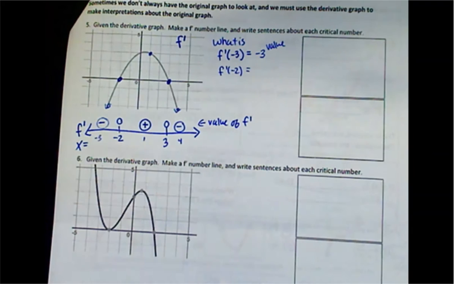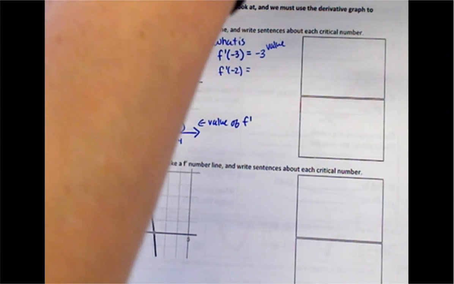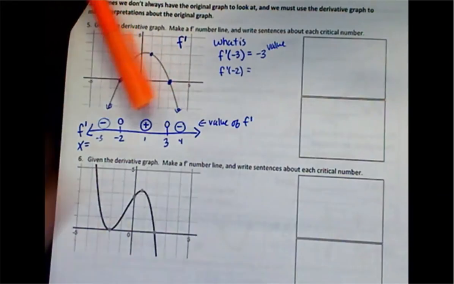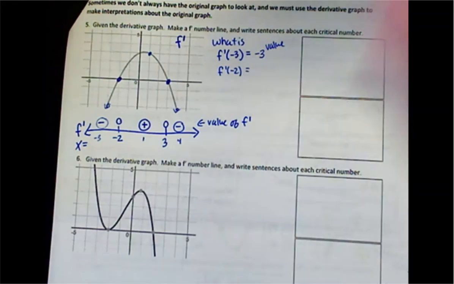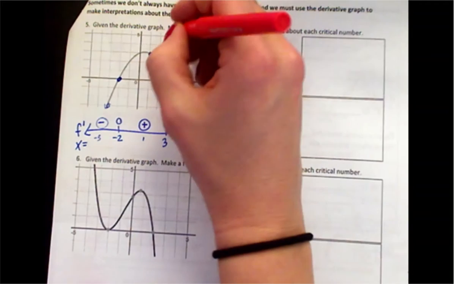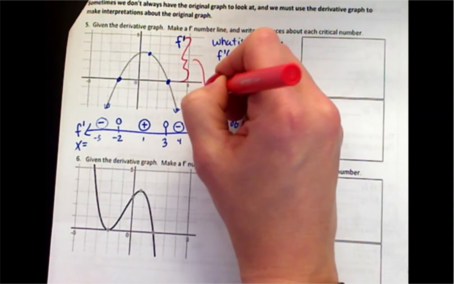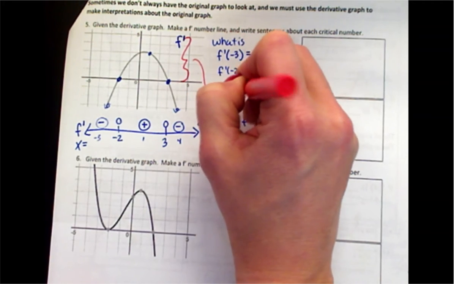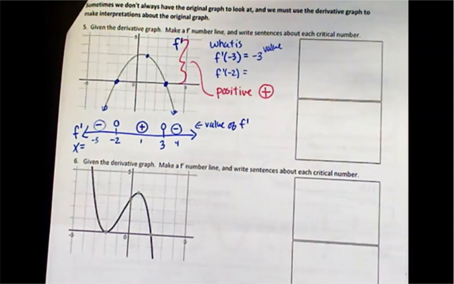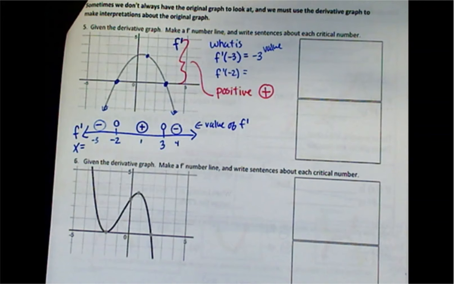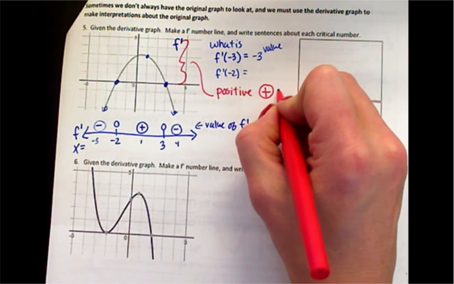It's negative. Positive is above the axes, right? If you want values, positive values are above the axes.